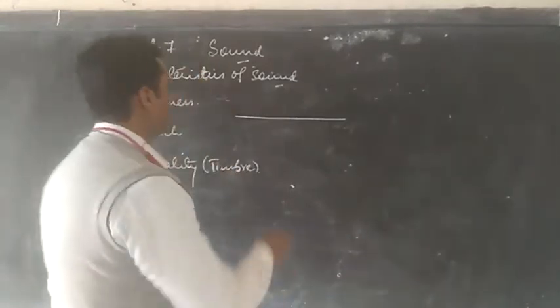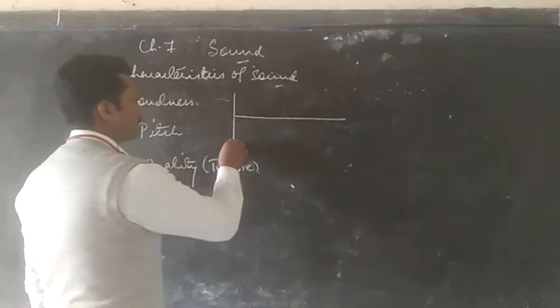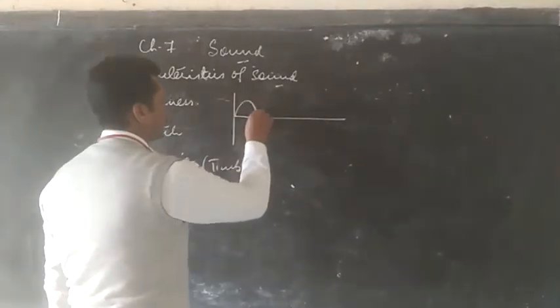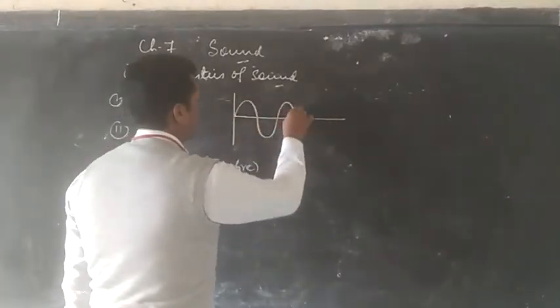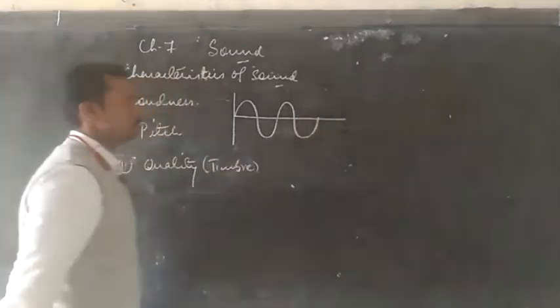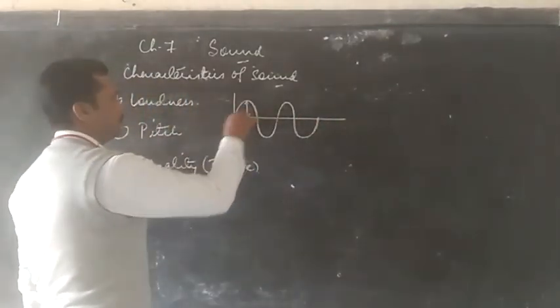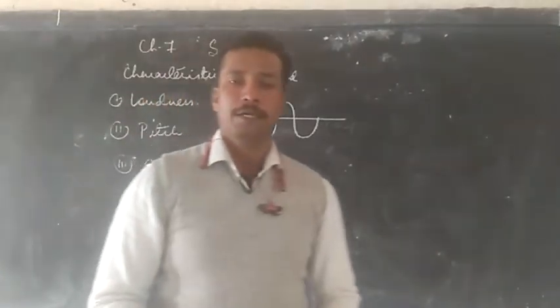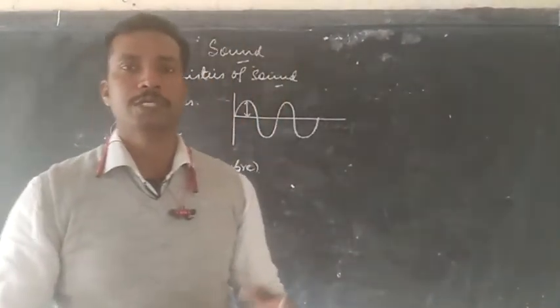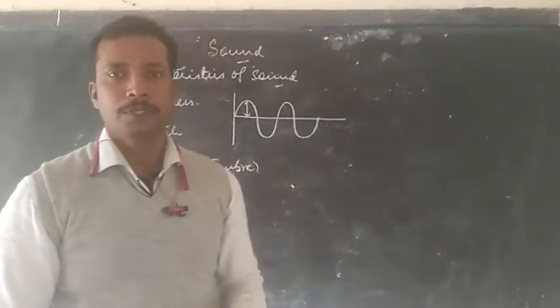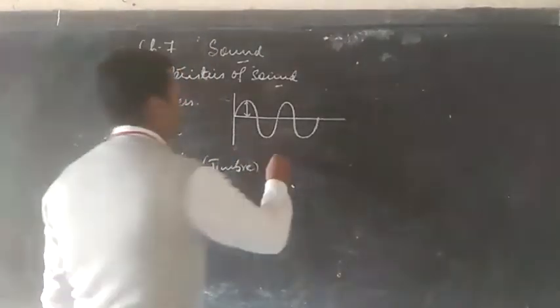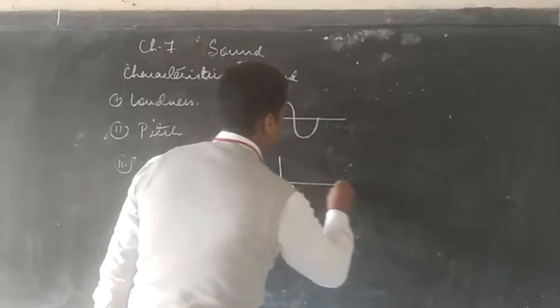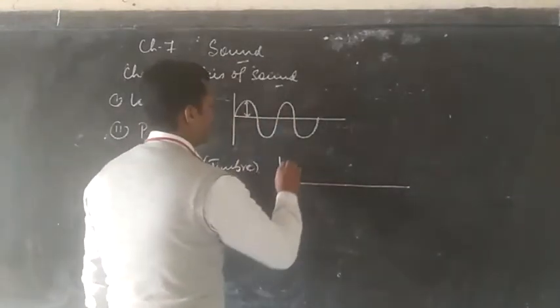For example, if the loudness of a sound is low, then in that case the amplitude will be very low. That means the height of the wave, you can see, will be low. On the other hand, if the same person produces a loud sound, then we find that the amplitude will be large.